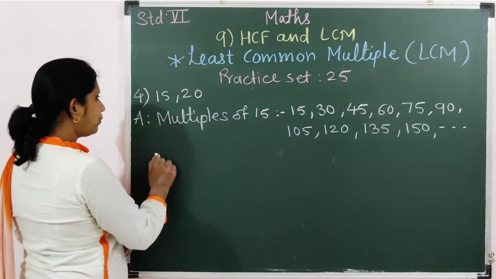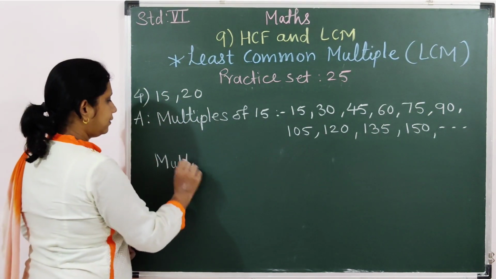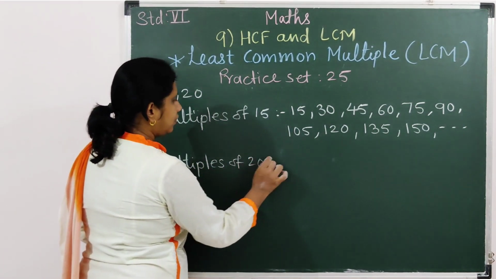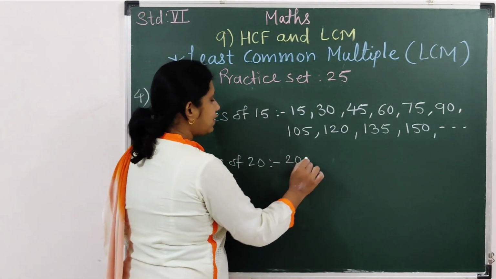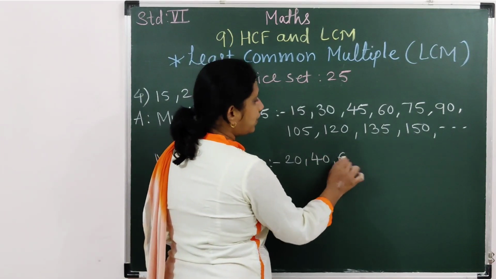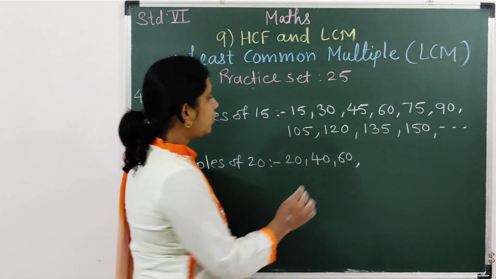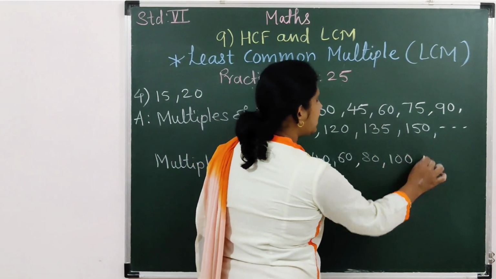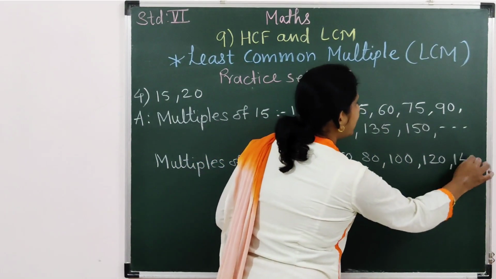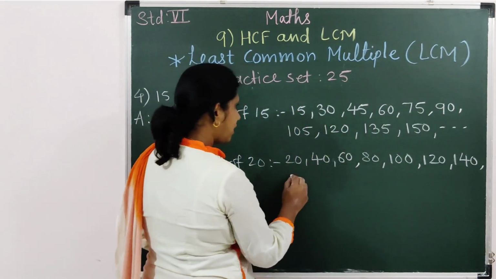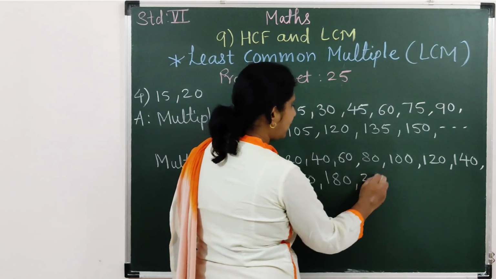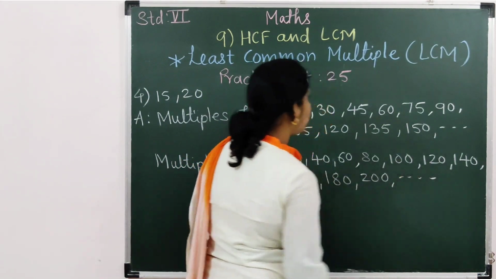Now multiples of 20. 20 ones are 20, 20 twos are 40, 20 threes are 60, 20 fours are 80, 20 fives are 100, 20 sixes are 120, 20 sevens are 140, 20 eights are 160, 20 nines are 180, 20 tens are 200 and so on.